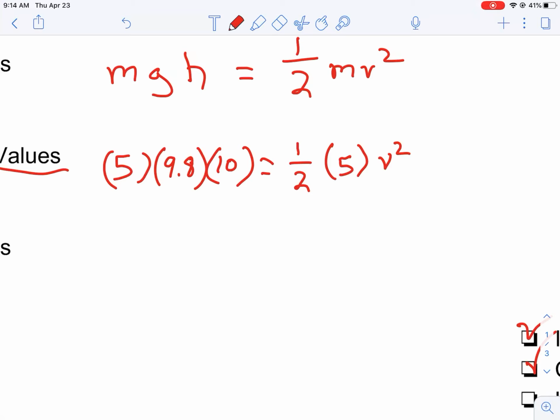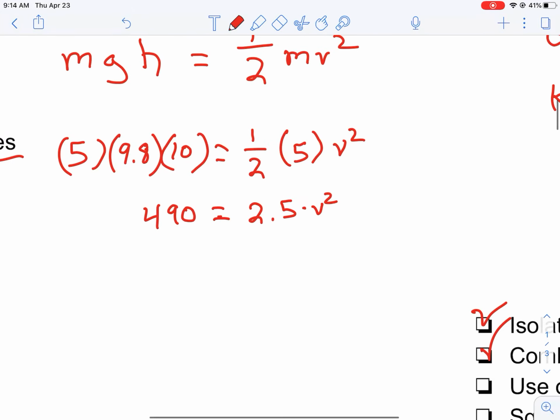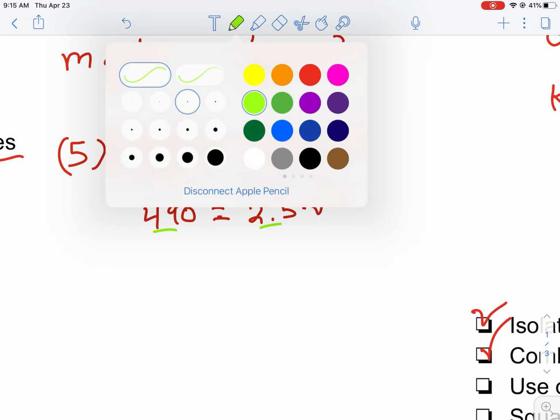So let's use our handy dandy calculator and just multiply those out. 5 times 9.8 times 10 equals 490. Probably could have done that in my head. Equals 1/2 times 5. I'll combine those like terms. 1/2 times 5 is 2.5, times v squared. We're just going to keep that as our unknown. Now, I want to combine like terms still.